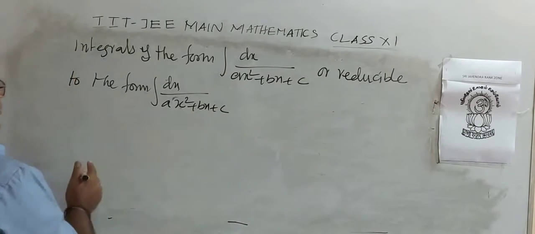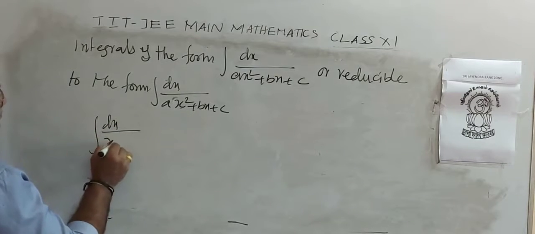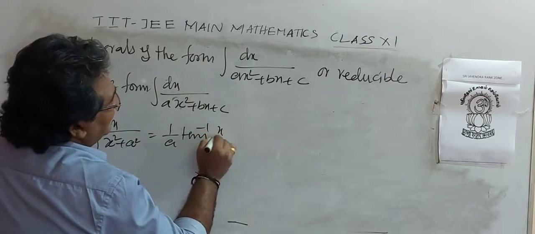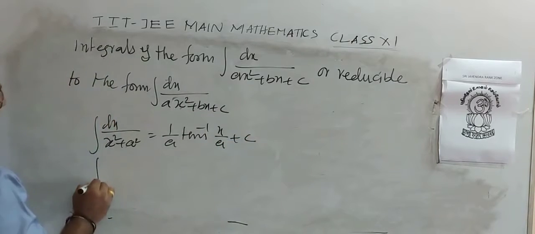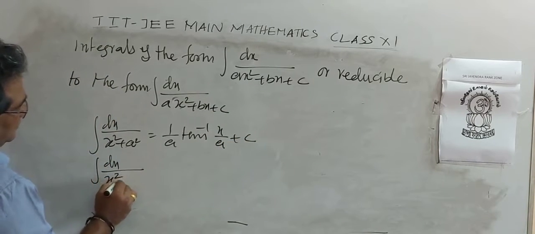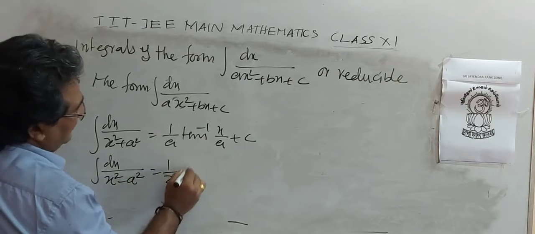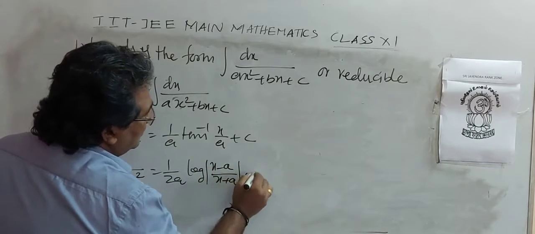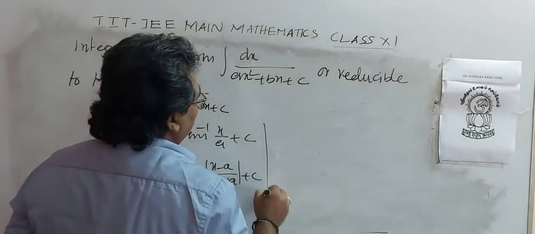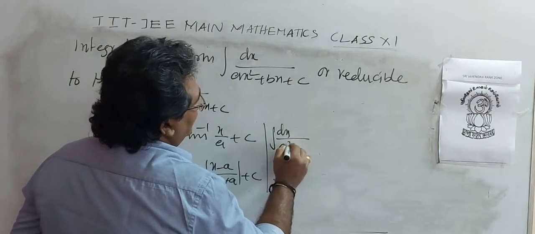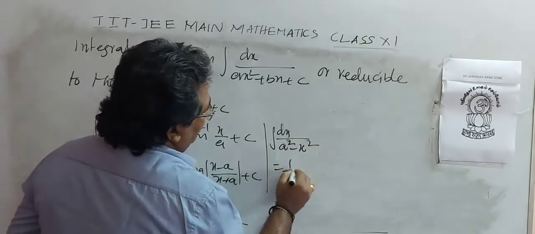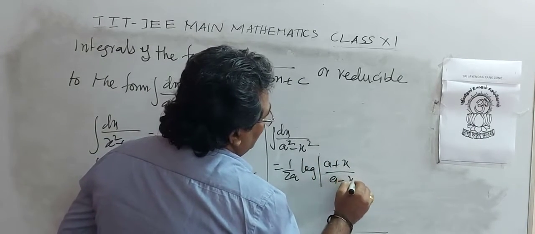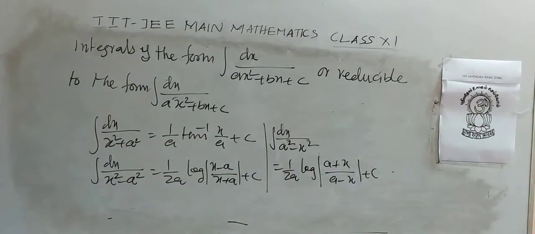For this the following integrals are very useful: dx by x squared plus a squared equals 1 by a tan inverse of x by a plus c; dx by x squared minus a squared equals 1 by 2a log modulus of (x minus a) by (x plus a) plus c; and dx by a squared minus x squared equals 1 by 2a log modulus of (a plus x) by (a minus x) plus c.